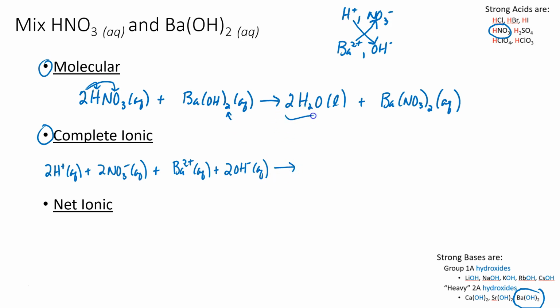And on the products, water we're going to leave alone. And then our other product is a soluble ionic compound. It dissociates 100% into a barium ion, and we're going to have 2 nitrates.